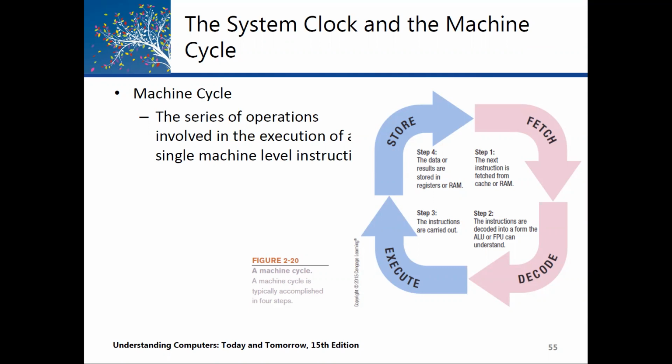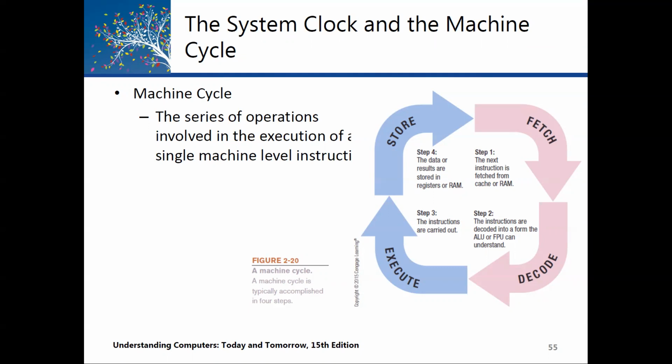As step number 3, it will execute those instructions, right? So the instructions that are decoded are carried out. And finally, at step number 4, it stores the original data or the result from the ALU or FPU execution in the CPU's registers.